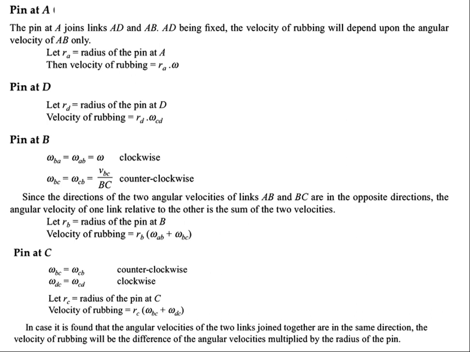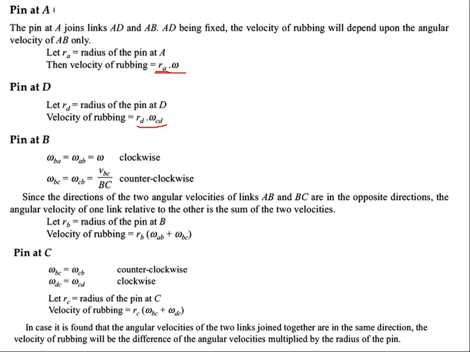So the velocity of rubbing is nothing but the radius of that pin, RA, multiplied by the angular velocity. Okay, and similarly at D, it will be again the radius of D multiplied by the angular velocity of CD.